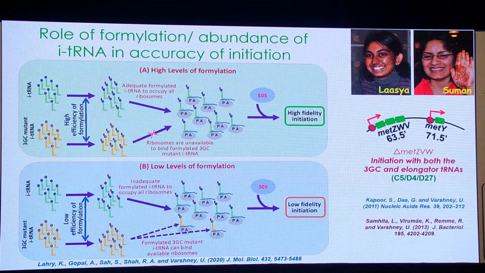And this work was done by Lassia and Suman. Suman had characterized a set of three other suppressors, C5, D4, D27, and in all of those suppressors, what was happening is the promoter for METZW was heavily downregulated. And so the production from this locus was almost nil.